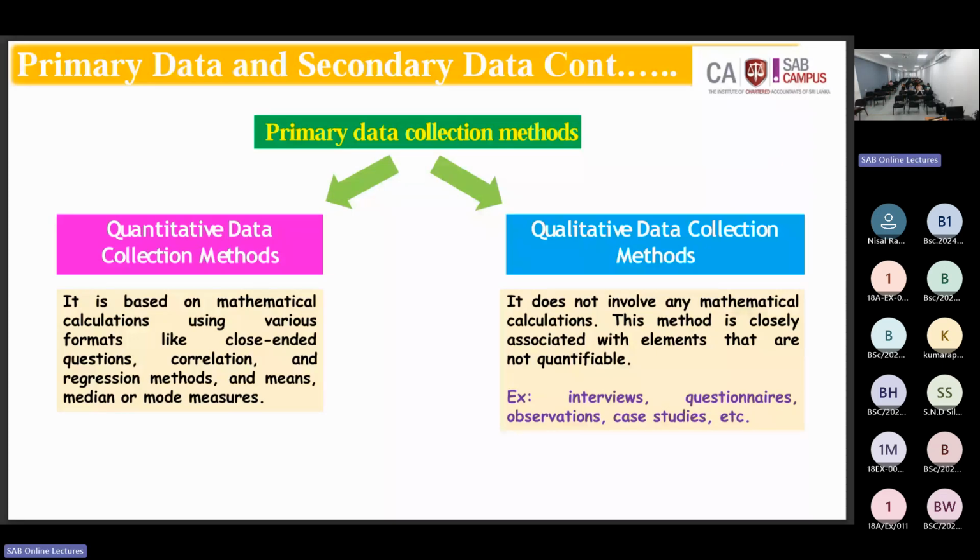First one is quantitative, and the second one is the qualitative data collection method, or qualitative studies.